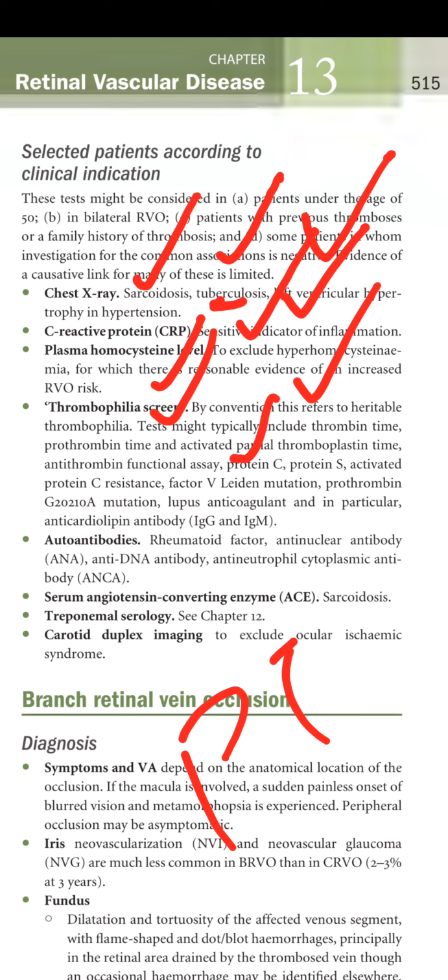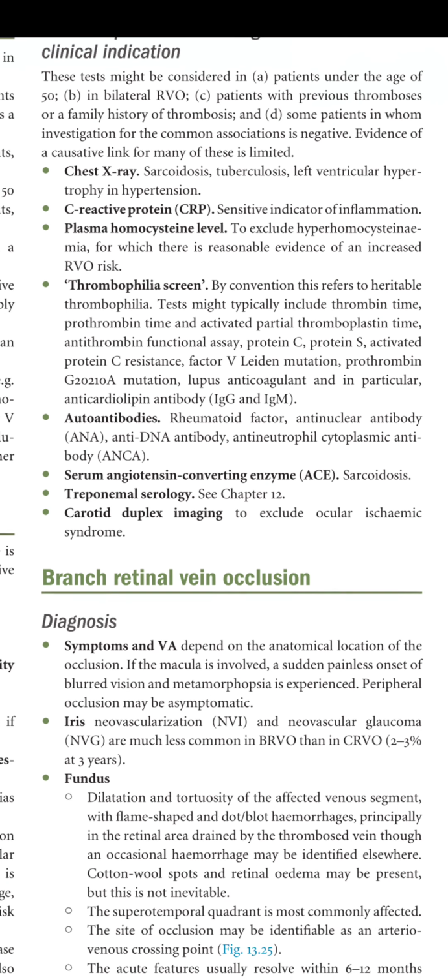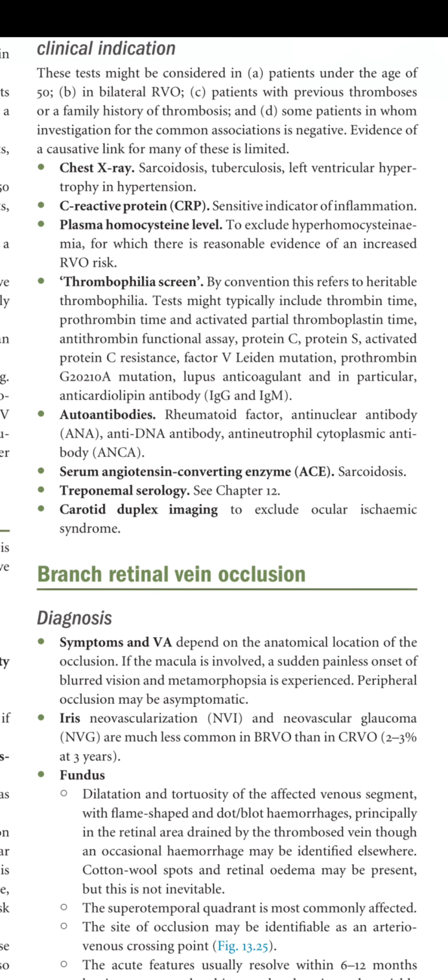So these are all the factors that are responsible for thrombosis formation. Activated protein C resistance, factor V Leiden mutation, prothrombin G20210A mutation, lupus anticoagulant, and in particular anticardiolipin antibodies IgG and IgM.